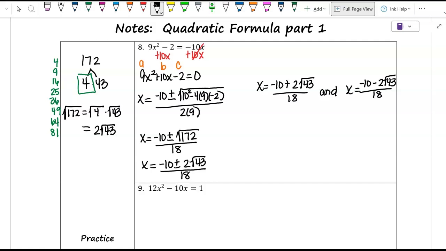The 10, the 2, and the 18 are all divisible by 2. Negative 10 divided by 2 is negative 5. 2 divided by 2 is 1. 18 divided by 2 is 9. So what I'm left with is x equals negative 5 plus radical 43 divided by 9.